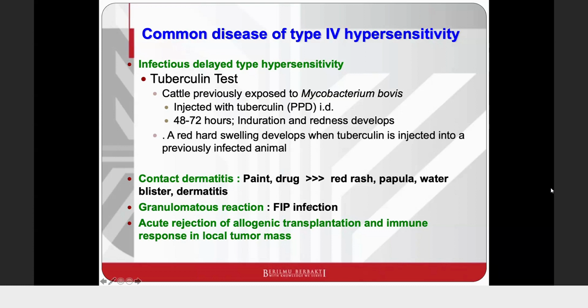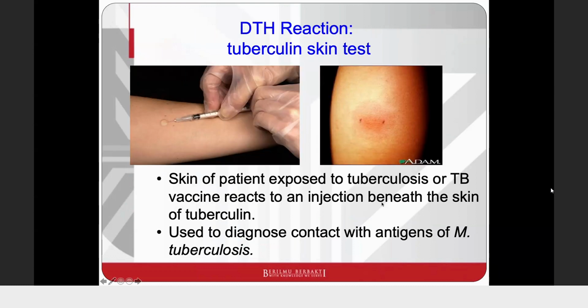FIP infection has overlapping of type 3 and type 4 hypersensitivity. Lupus has overlapping type 2 and type 3 hypersensitivity. So, an example of the tuberculin skin test, in humans: you can see that the antigen is injected under the skin.